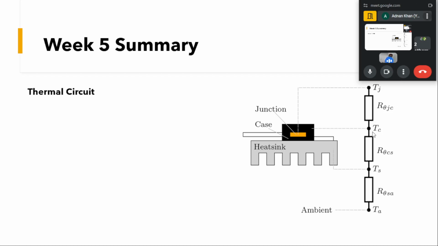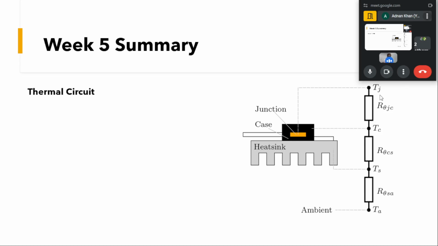After this, the case temperature is followed by the sink temperature, and similarly there will be a resistance between the case and the sink. After that, the sink will have an ambient temperature, and there will also be some resistance between the sink and the ambient, the thermal resistance of the sink, which will be given in the data sheets of the heat sink.